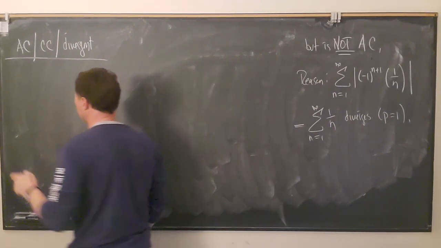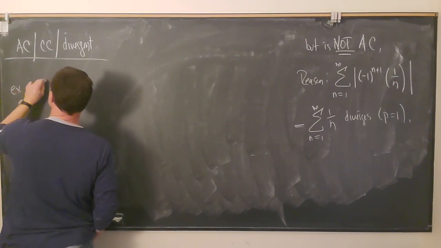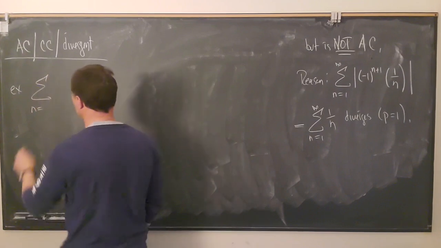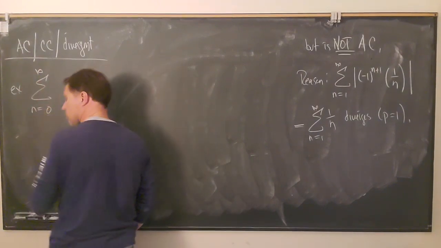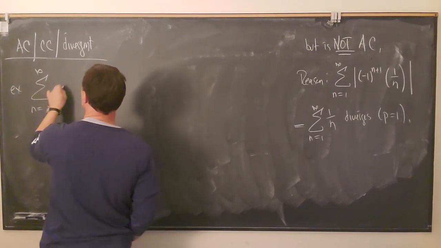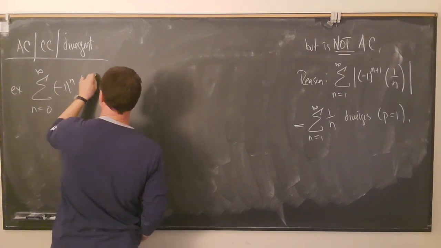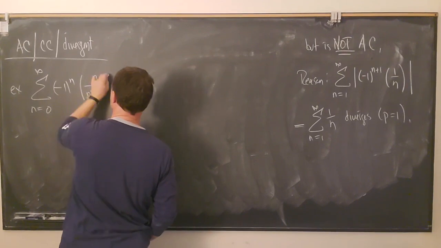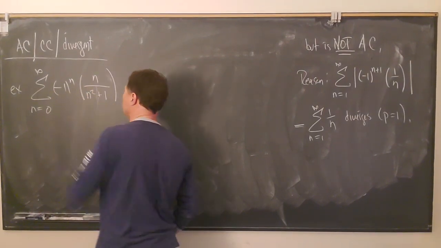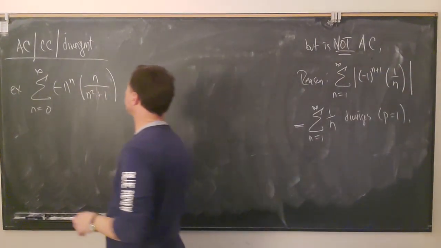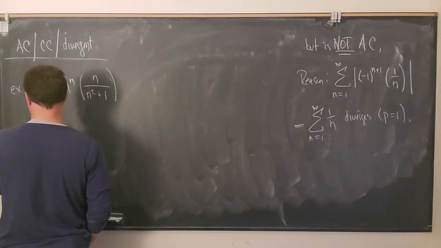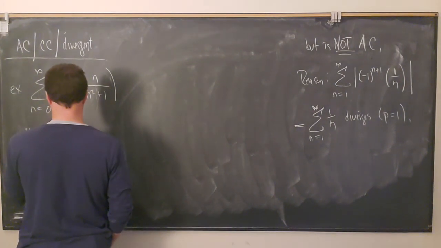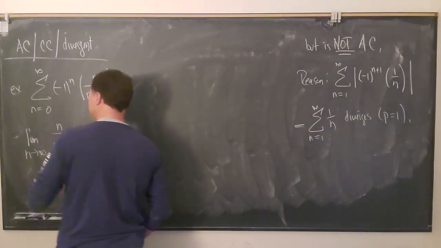All right, so as a first example, let's look at the sum, n equals 0 to infinity, minus 1 to the n times n over n squared plus 1. So first, if we compute the limit as n goes to infinity of n over n squared plus 1, that limit's equal to 0.